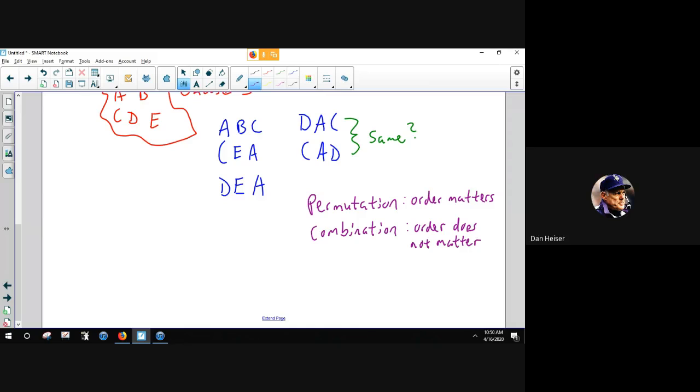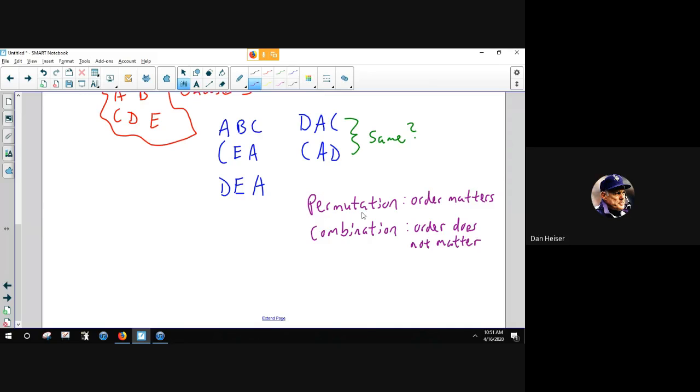In a permutation, we have 5 groups. In a combination, there are 4 groups here because this repeat is irrelevant. It did not change anything. With a permutation, the order things are chosen is important. This is a different group than this, even though they're the same 3 people.